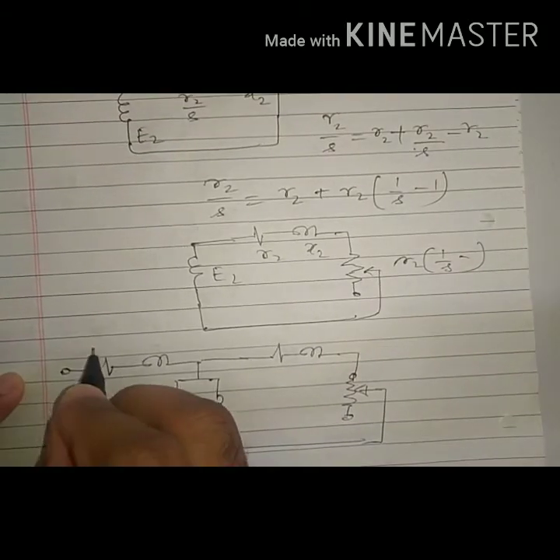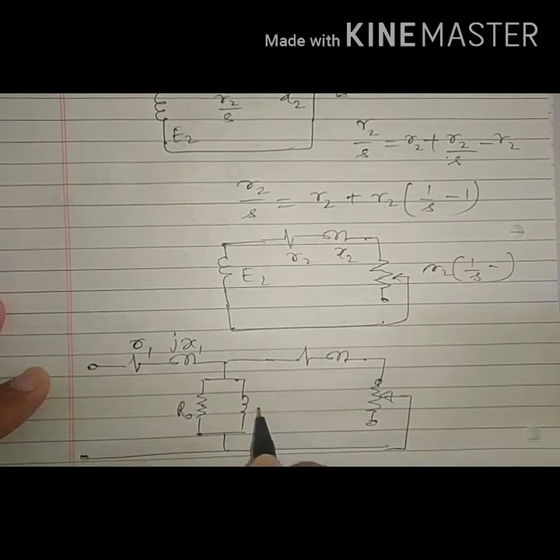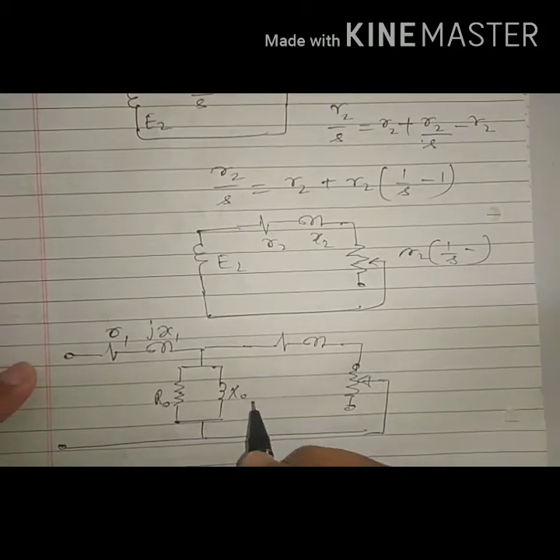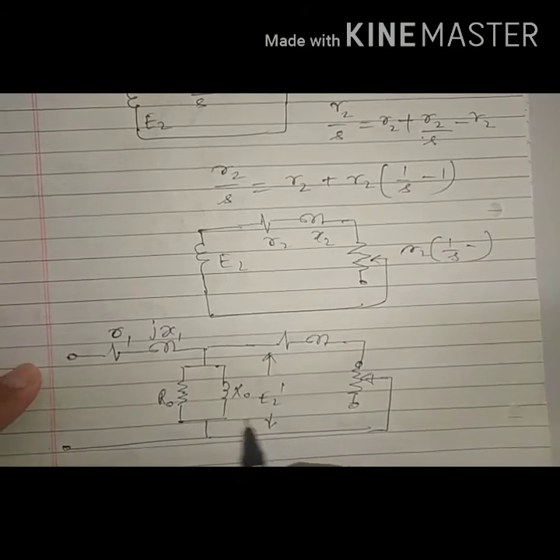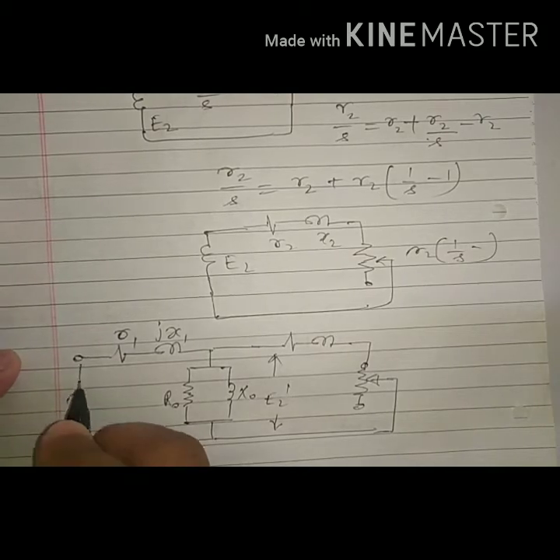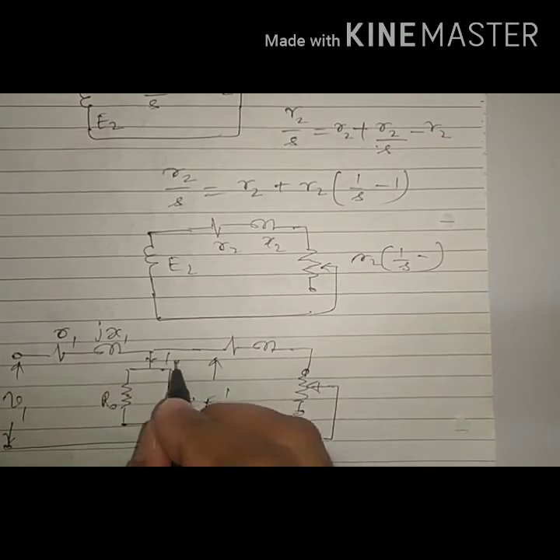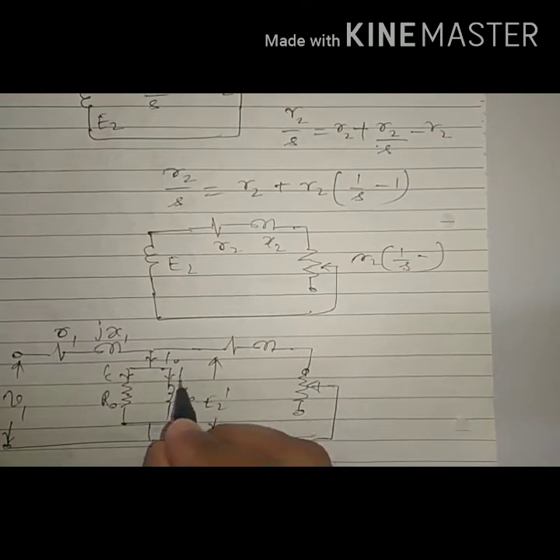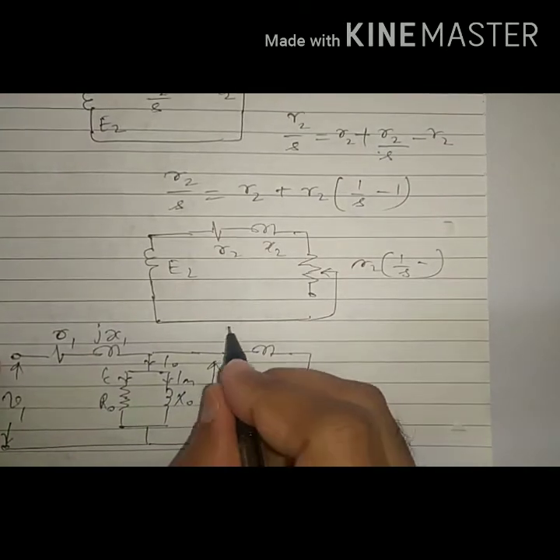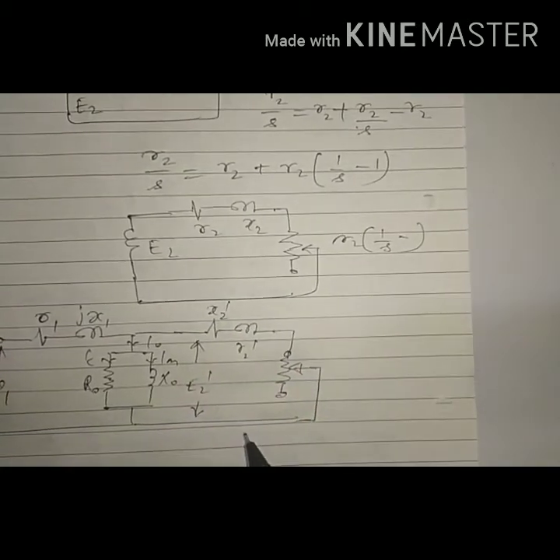So this is R1, jX1, R0, X0. Here it is E2 dash. Here it is V1, current I0, IC, IM, X2 dash, R2 dash.